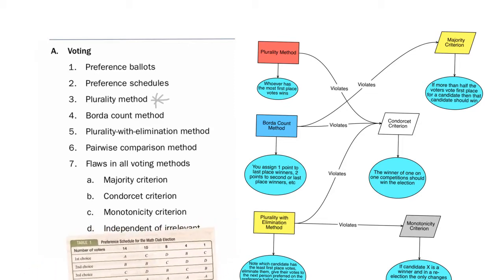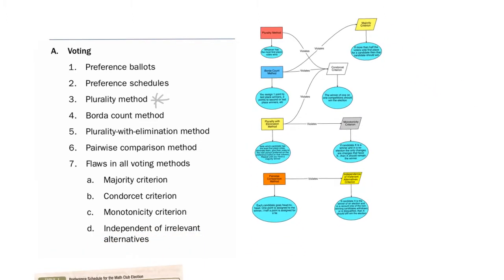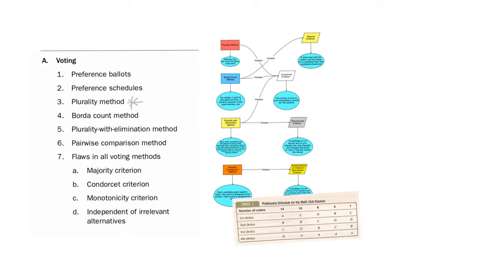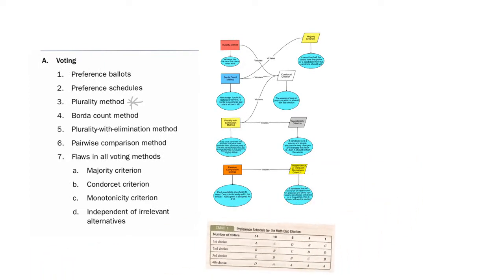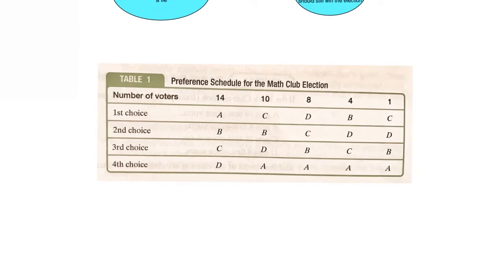So let's actually look at a preference schedule right here, and judge it by the plurality method. So as we can see, we have candidate A getting 14 first place votes, candidate C getting 10 plus 1, because C won over here a first place vote as well.